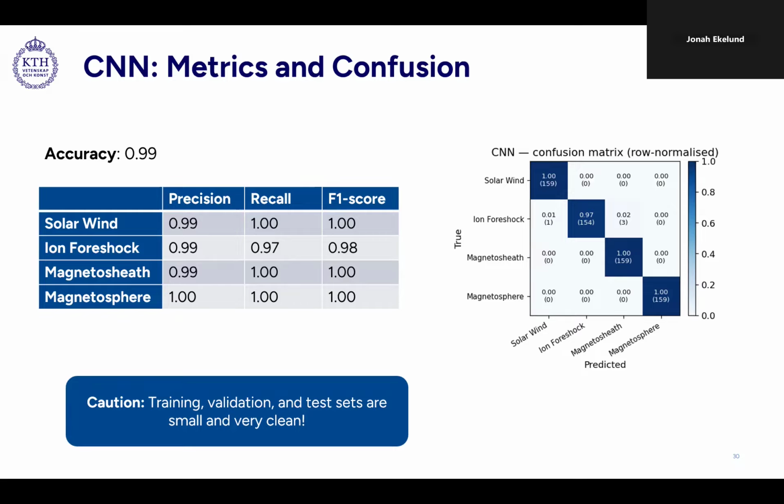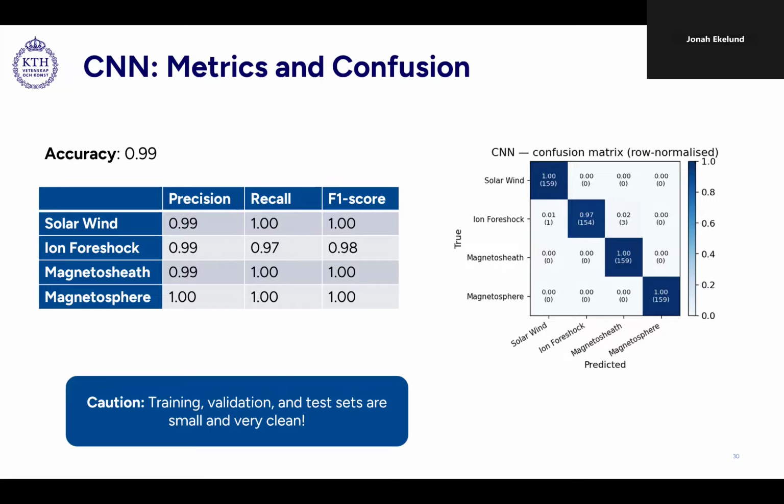If you have selected those sets well, if there is a good distribution of all the samples, this should show you that your model is not overfitting, basically. In this case, I'm a bit cautious here because the training set is so small.